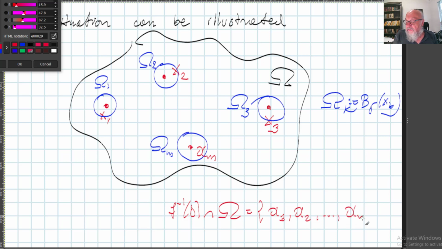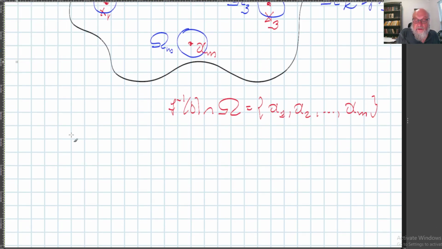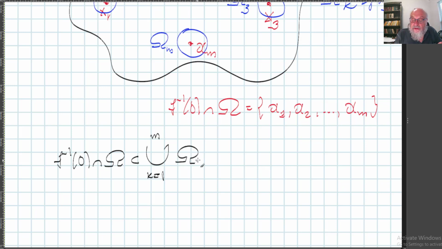So what is the meaning of it? That means the following: if you take f^{-1}(0) intersection omega, this will be contained in the union for k equal to 1 to m of these balls. I'll just simply write down omega k. This is my omega k. So that means I have it.